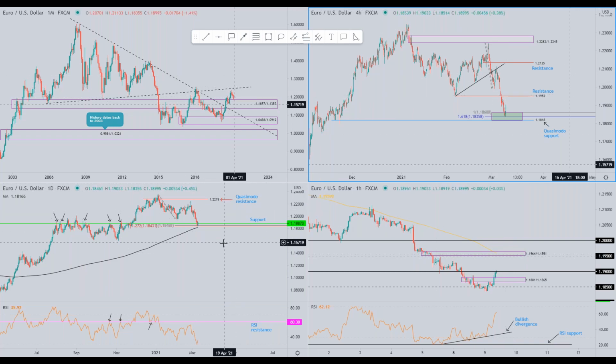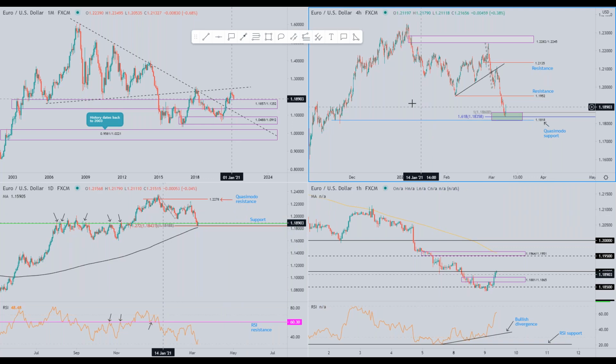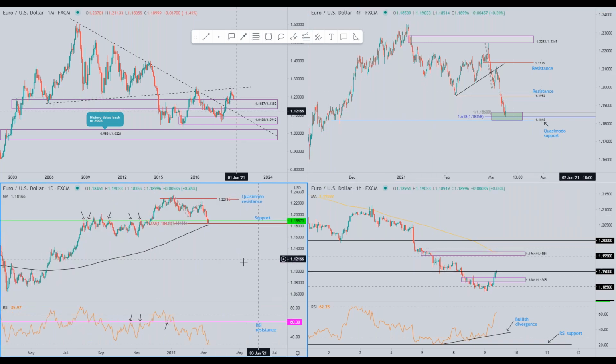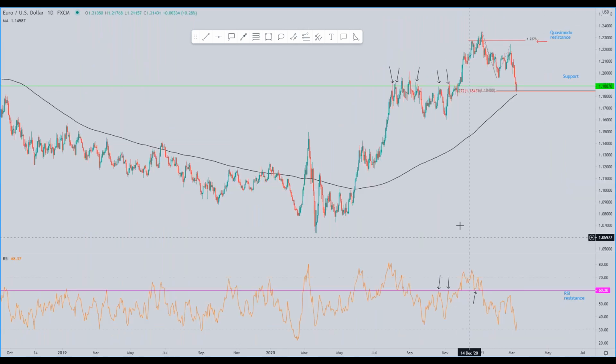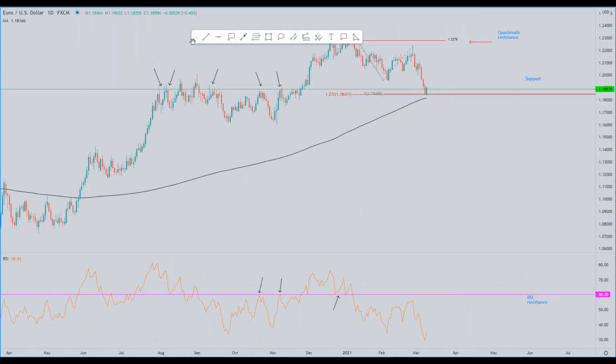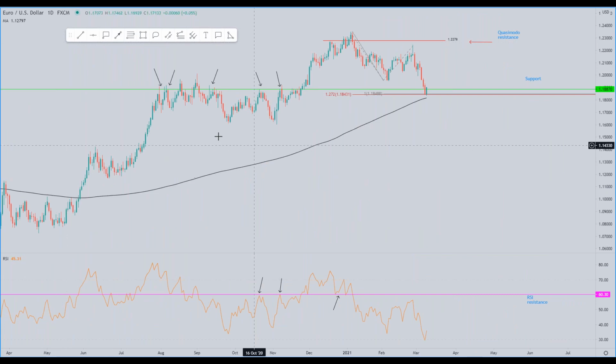Oh, Alan, I'll quickly show you how I draw Fibonacci. Let me just try and find a clean chart. Okay, so for me, guys, this is how I draw Fibonacci. Alan, I assume you understand the Fibonacci retracement.